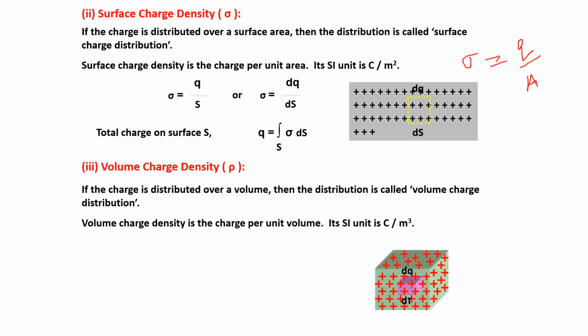So volume charge density is equal to charge upon volume, the charge per unit volume. When we integrate it, you will get the total charge on this volume.